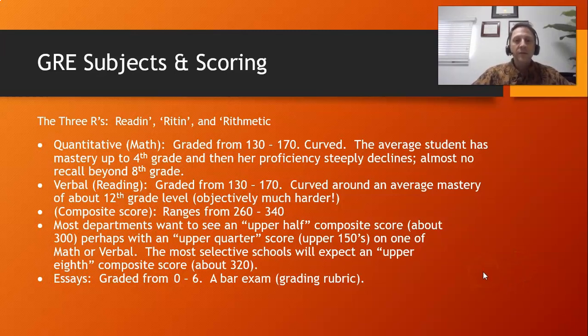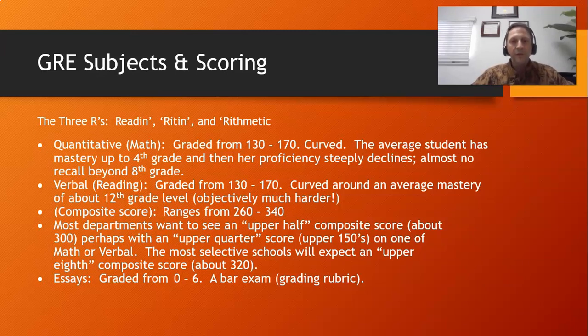Anyway, when you add these two sections together, the math plus the verbal, you get a total that ranges from 260 to 340, with 300 being right in the middle. Now, what are graduate schools looking for? Most departments will probably want to see an upper half composite score, which is about 300.